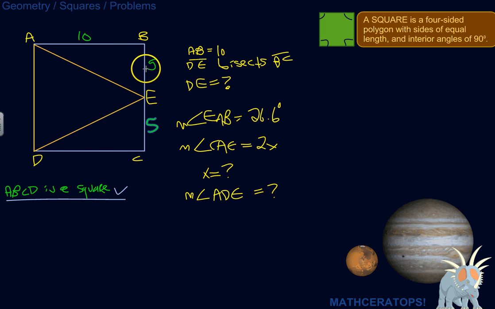Okay, what else do we know? We want to figure out this length. Well, we know if AB is 10, then DC is 10. And for that matter, AD is also 10, of course. We also know that this is a right angle, right? That's a property of squares.